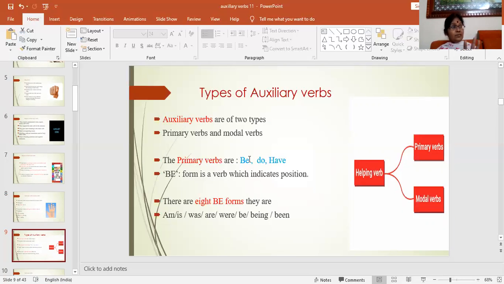Primary verbs are again divided into three types, that is be form, do form, and have form.